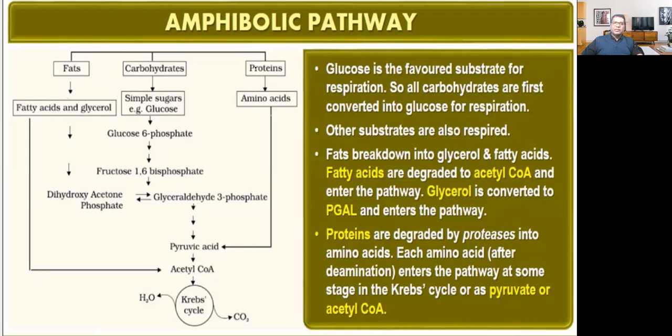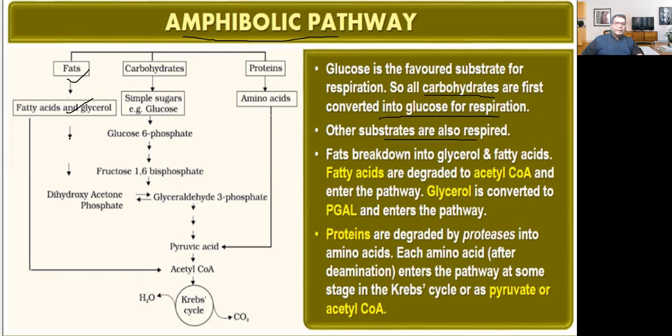Now we'll be discussing the amphibolic pathway. Glucose is the favored substrate for respiration. So all carbohydrates are first converted into glucose for respiration. Other substrates are also respired. Fat breaks down into glycerol and fatty acids.